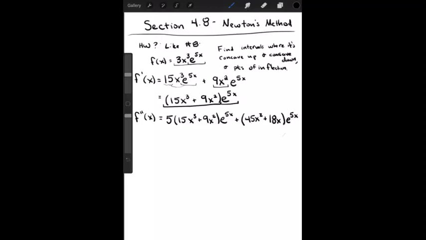So I mentioned that it was something related to critical points, but not actually critical points. Right? Critical points have to do with the derivative. So if I'm getting something related to critical points, but having to do with the second derivative, what do I need to do?